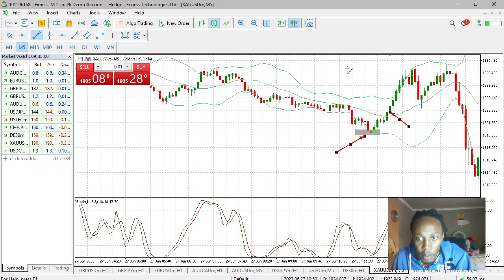This is where you took your TP. And the market was oversold. Then where's your TP? This is your TP over here. This is your TP.